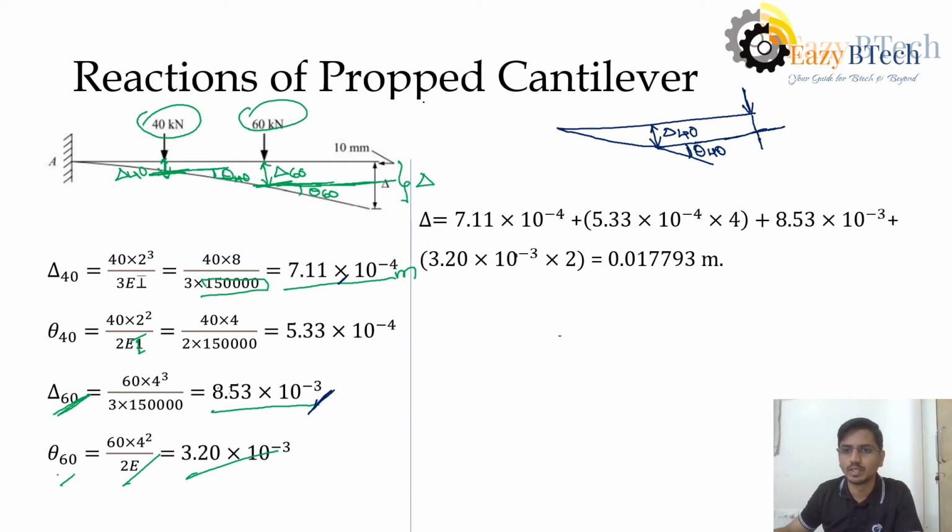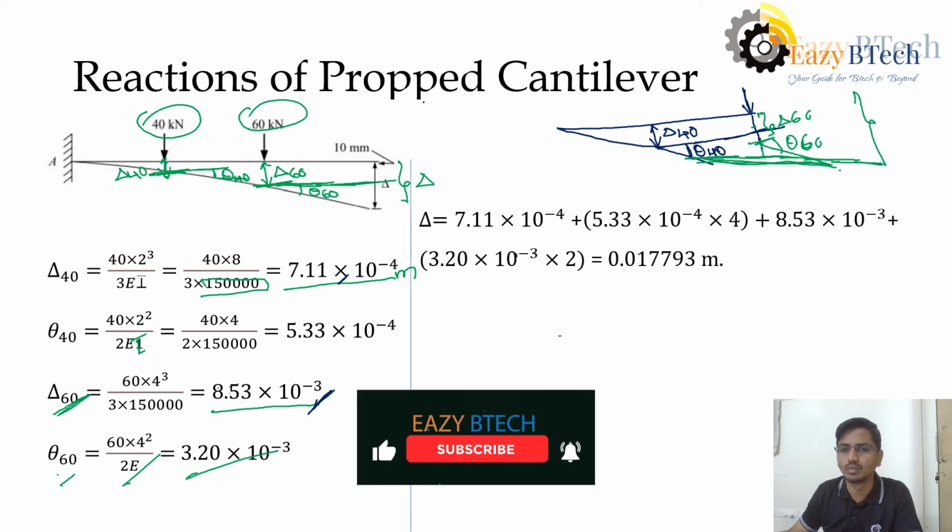So till here, this theta 60, and the rotation making here theta 60. So both displacements will take place. So the rotations will match a single line like this, and the final end will be the summation of all these four.